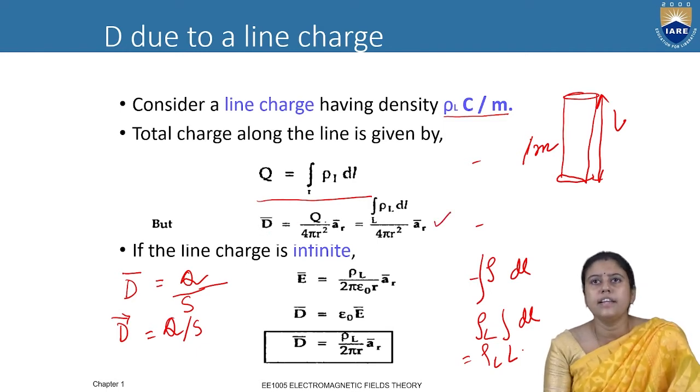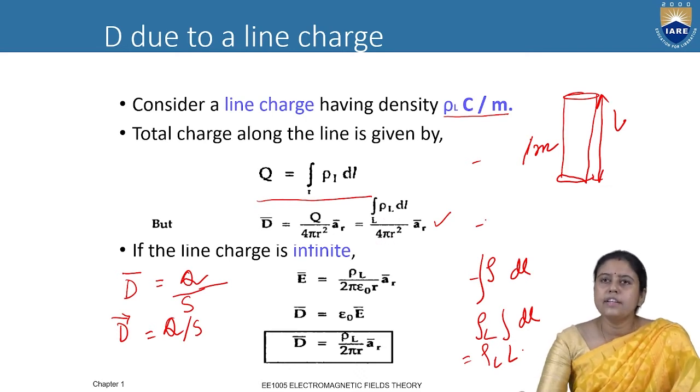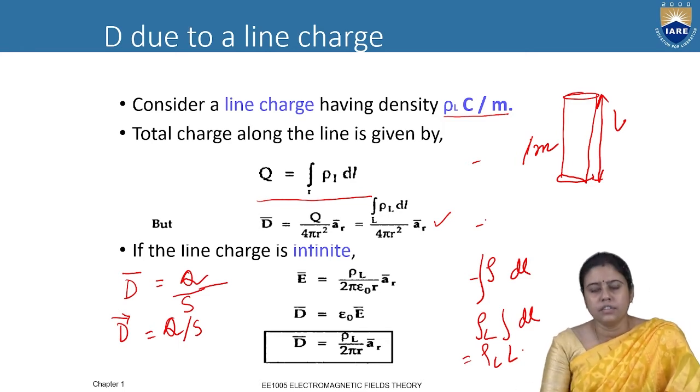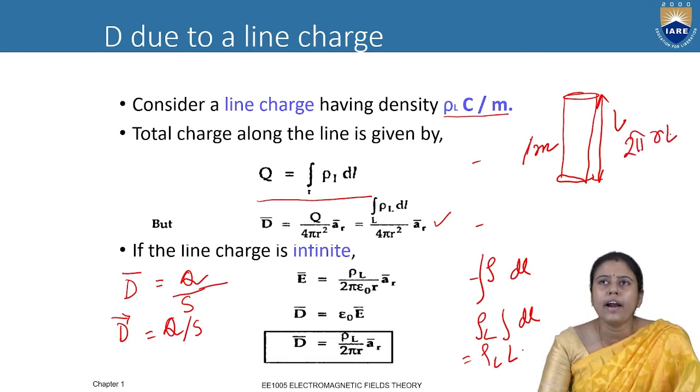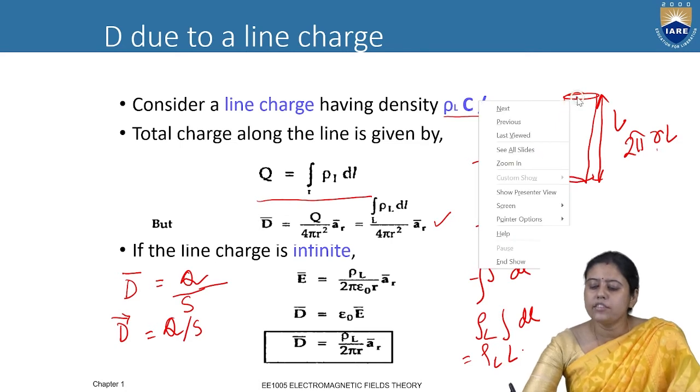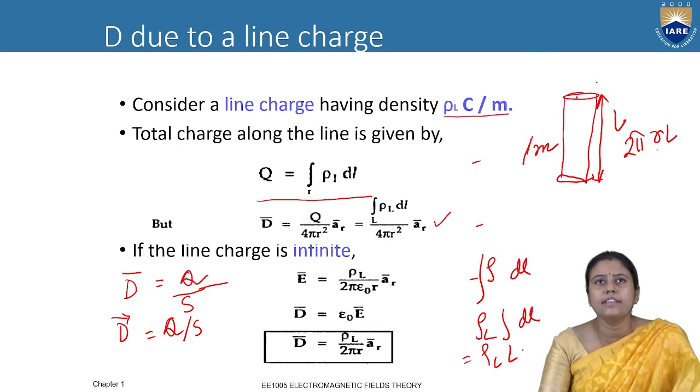So D is equal to Q by S; for a sphere the surface area is 4 pi r square, and Q is rho L dl, so rho L dl divided by 4 pi r square. Now, in the case of a cylinder, the surface area is 2 pi RL, where R is the radius of the cylinder and L is the length of the cylinder.